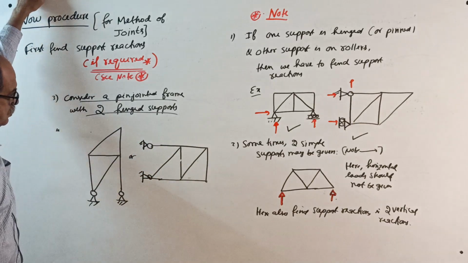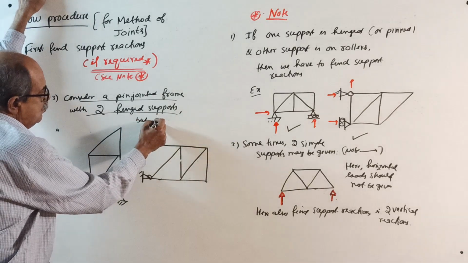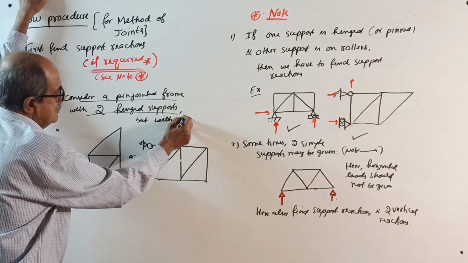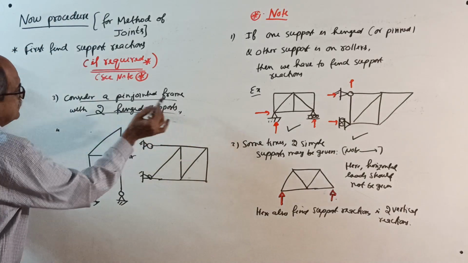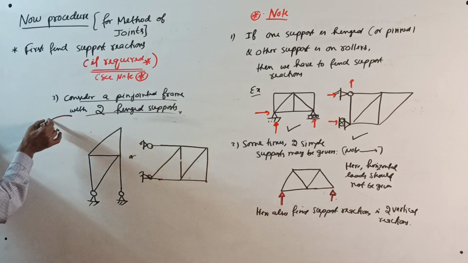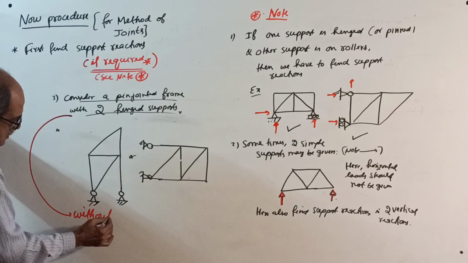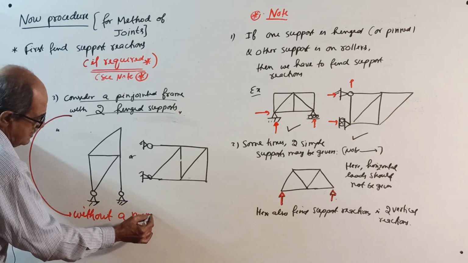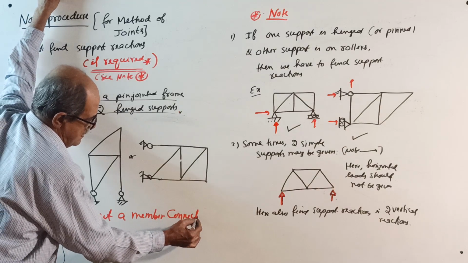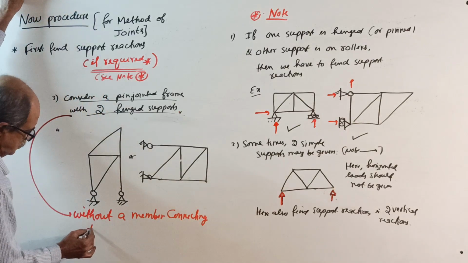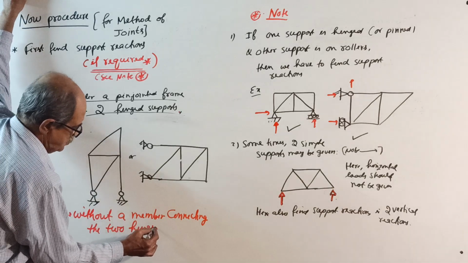Or this way, with the two hinged supports. Here, hinge support, but without a member, very important here. Consider two hinged supports, very, very important, without a member connecting the two hinged supports.